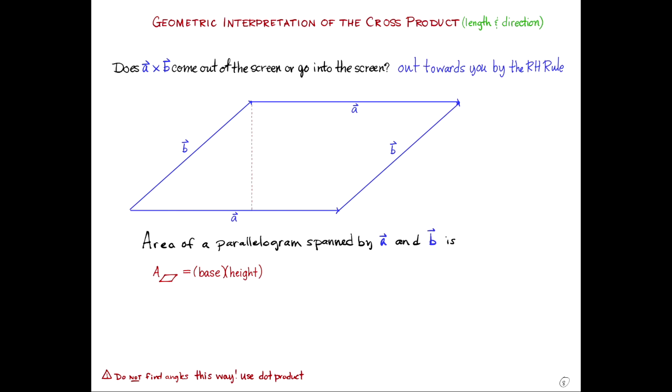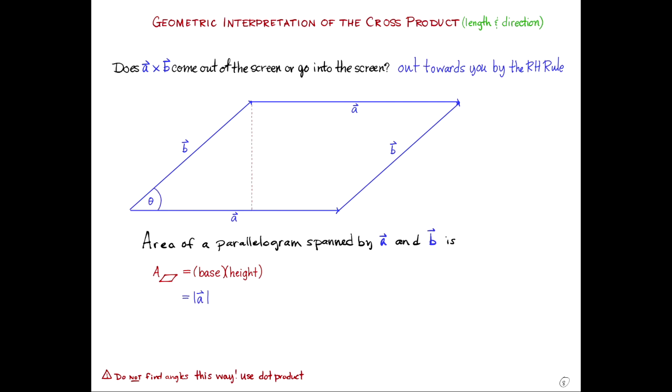In general, the area of a parallelogram is its base times height. In terms of our vectors, we know that the base is the magnitude of a. But what is our height? To find our height, let's start by letting theta equal the angle between vectors a and b.